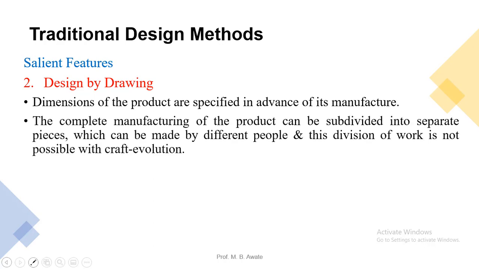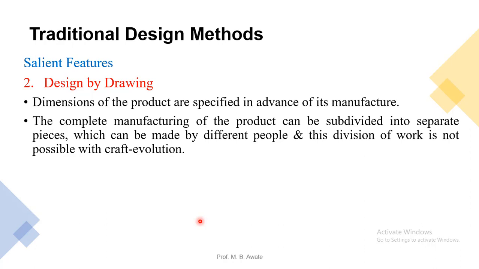Second is complex manufacturing of the product can be divided into separate pieces and which can be made by different people, and this work is not possible with craft evolution method. So see here, what is the statement? Suppose there is a product, an entire product.